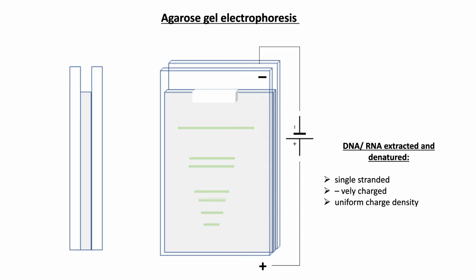Their electrophoretic mobility depends on the size. So they are separated purely on the basis of size. Thus, the smallest will be the fastest and the largest fragment will be the slowest.